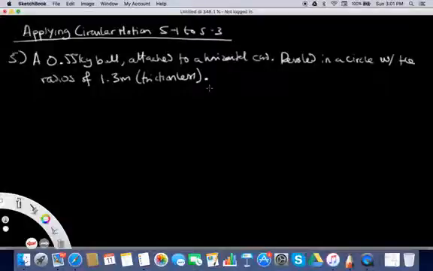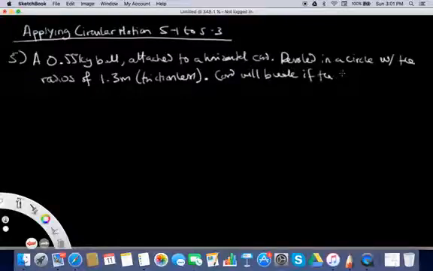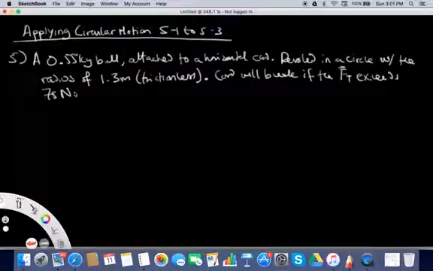And do they give us any more information? Well, the problem states the cord will break if the tension force exceeds 75 newtons. So the tension force has to exceed 75 newtons for this cord to break.